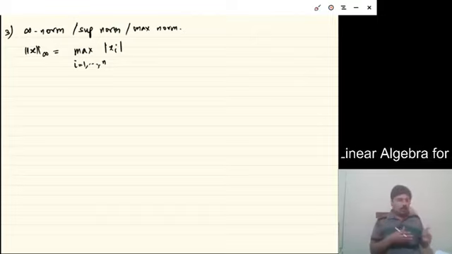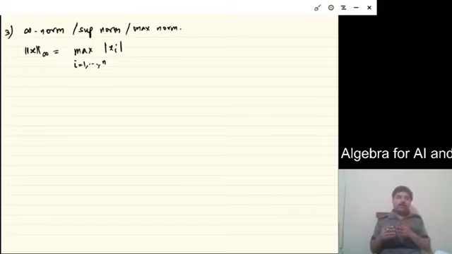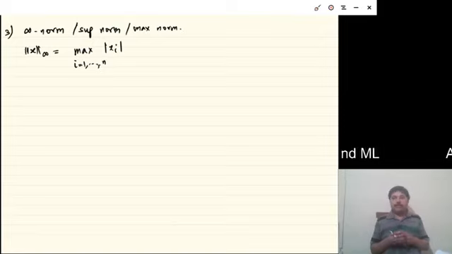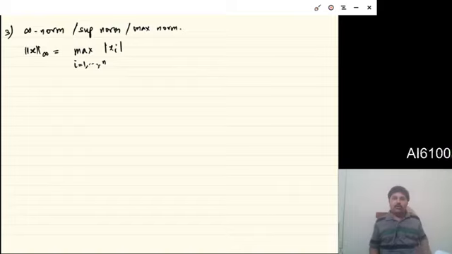So small norm or small vector, large norm or large vector, they are subjective terms, but what to call small, what to call large will actually depend on the application that we are working with. We will see plenty of such applications a little later, but you can actually use norm to quantify the size of the vector, so to speak.